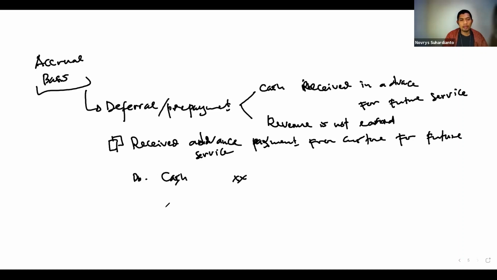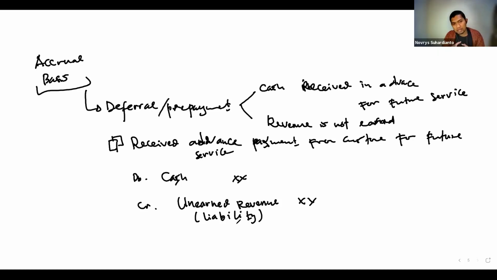However, because the business has not performed its obligation yet, the business will record unearned revenue on credit, and this unearned revenue is actually a liability account, because receiving that cash creates an obligation in the future to render service for that customer, right?